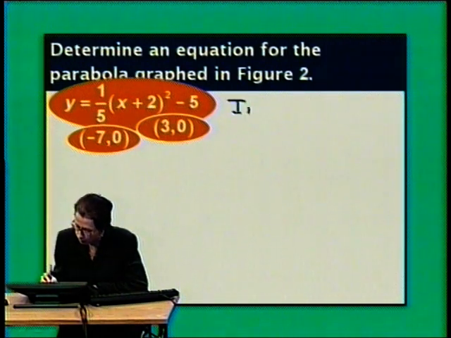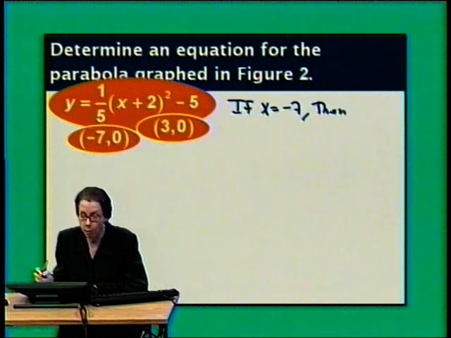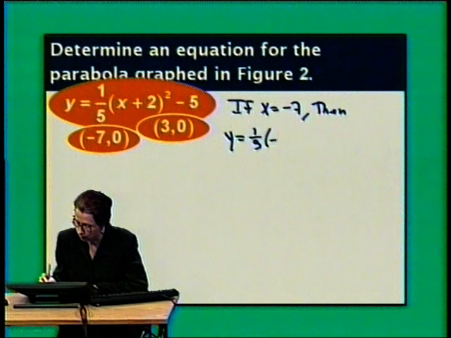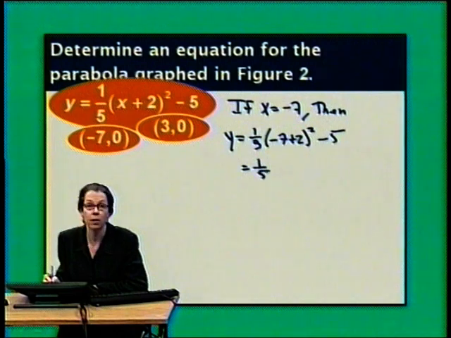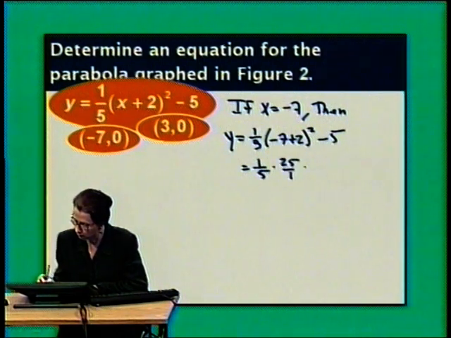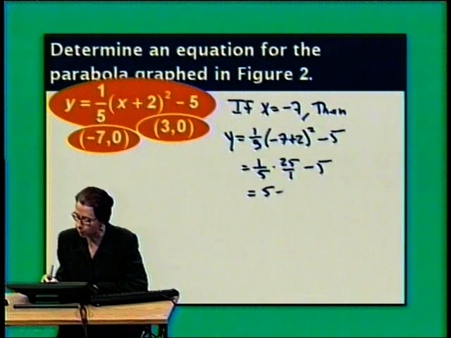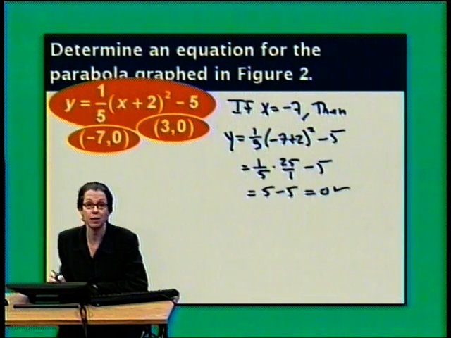So I'm just going to check one of the points. So if x equals negative 7, I want my y value to be 0. Y equals 1/5 times negative 7 plus 2 squared minus 5, which is 1/5. Negative 5 quantity squared is 25. So I have 5 minus 5, which is indeed 0.